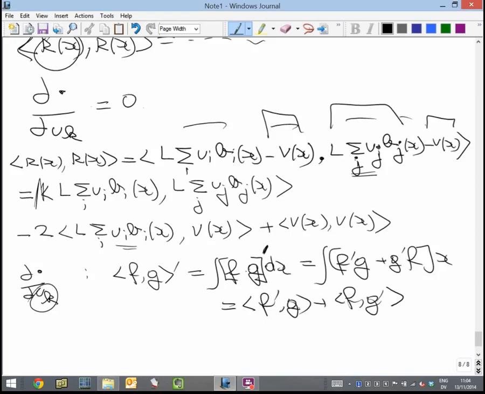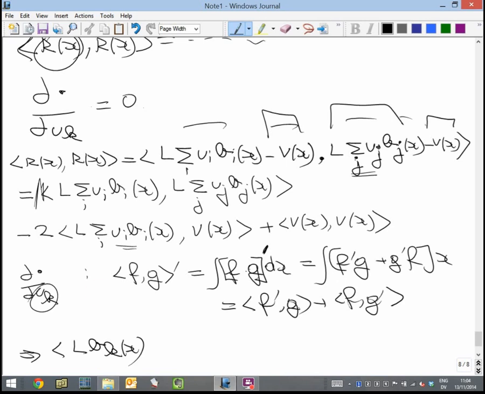The only term where you find the u_k is the term where i is equal to k, right? And you just find then L u_k b_k, and taking the derivative with respect to u_k is like taking the derivative of x with respect to x, that's just 1. So the only thing that's left over in this case is L b_k, right? If this is a bit confusing to you, just write this down explicitly as opposed to a summation. Just write down a couple of terms and you will see what we mean here.